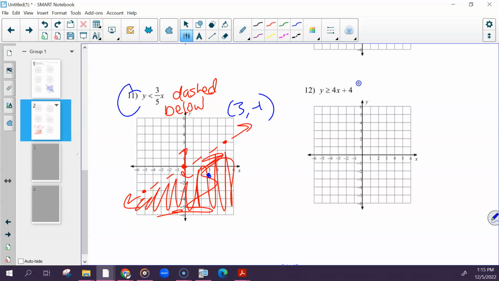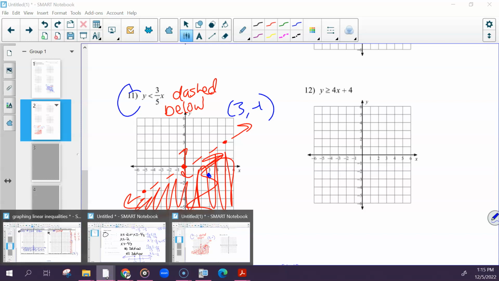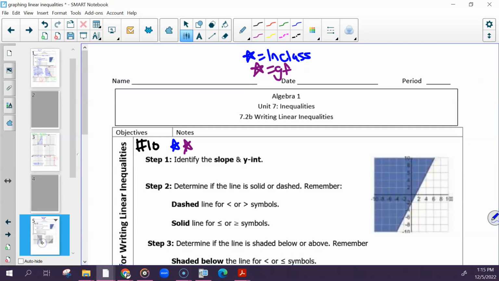So now let's go back to our writing piece. This page, the one that looks like this. And now it's like opposite. So now we're given graphs, and now we have to find what the inequality is.